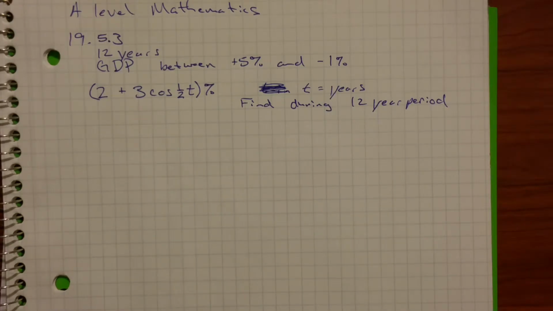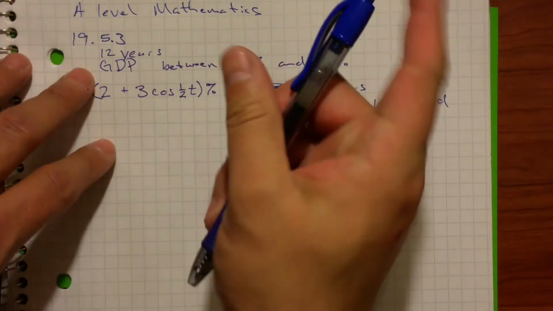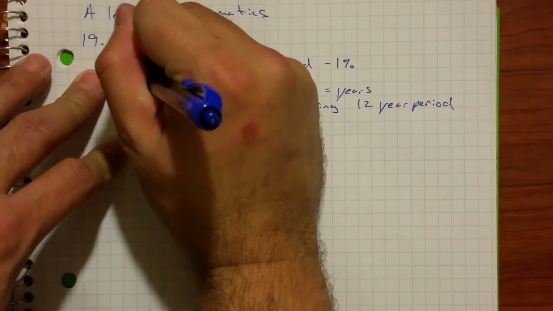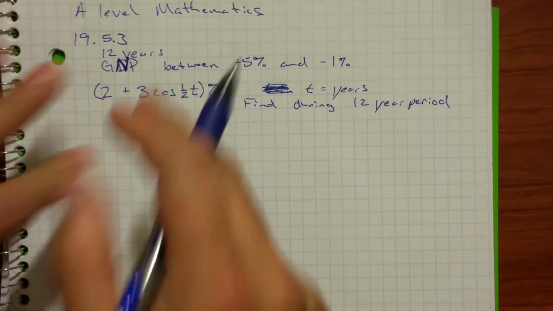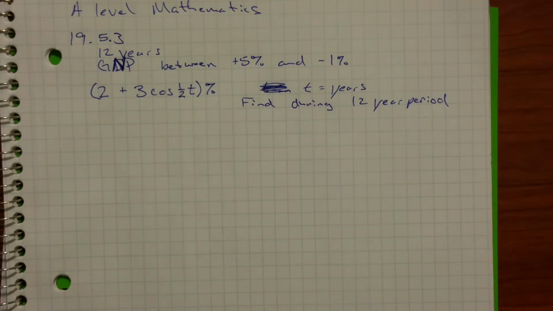Alright, now on this next problem, it is 19.5.3. Now, long word problem, and I'm going to read it out for you. I picked out all the important information already. It says, for a certain period, about 12 years, the rate of growth of a country's gross national product, GNP, is predicted to vary between 5% and -1%.